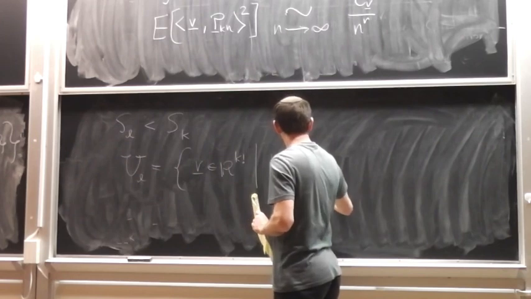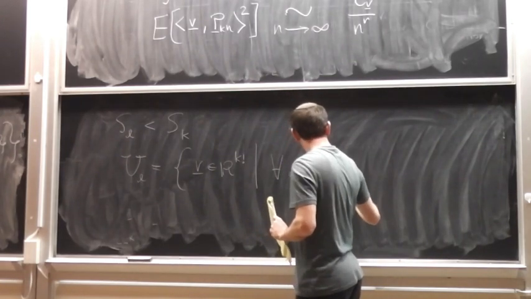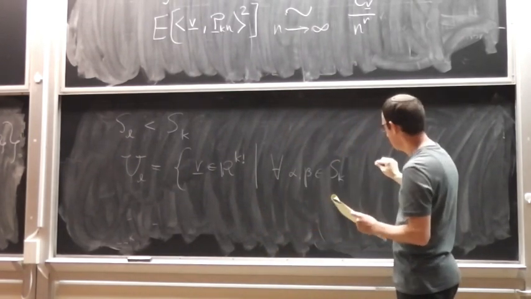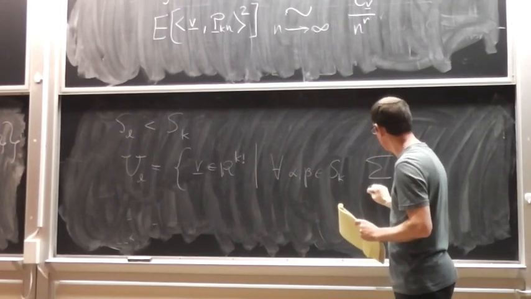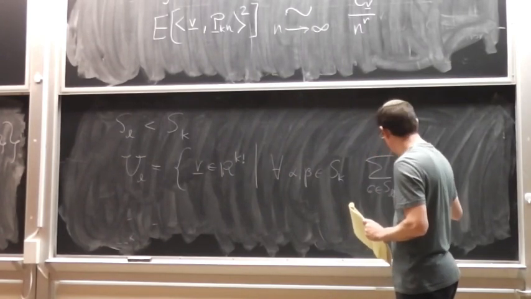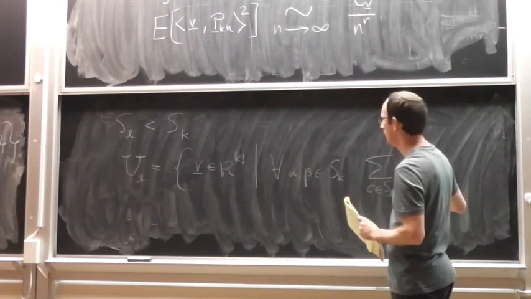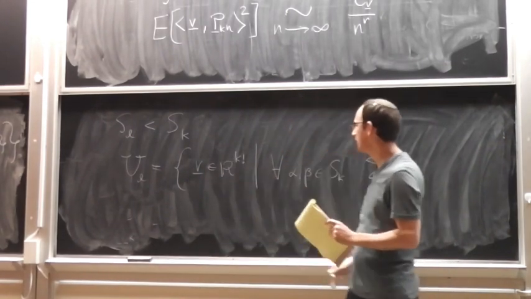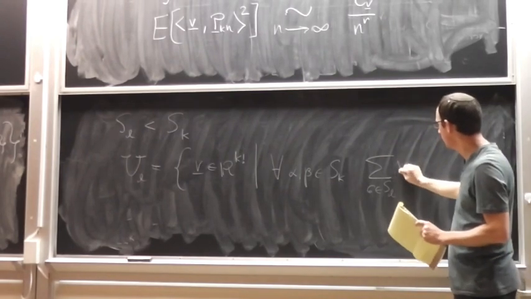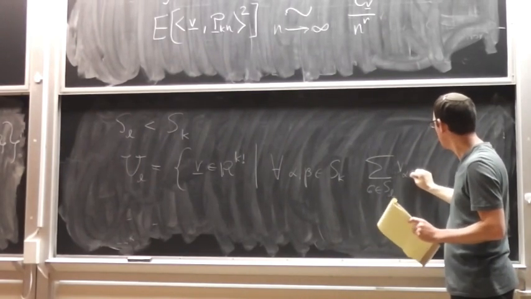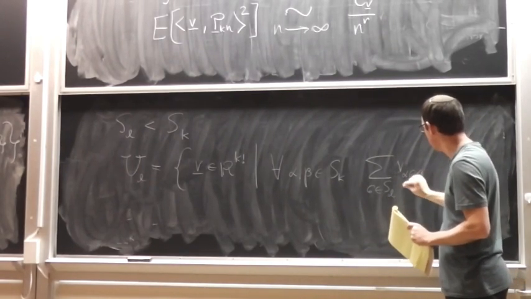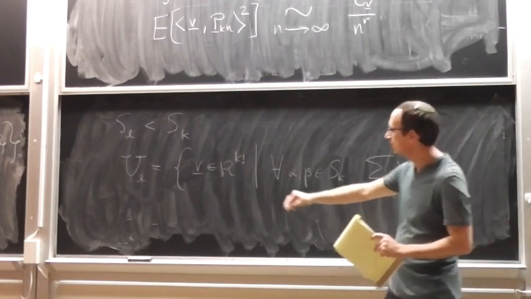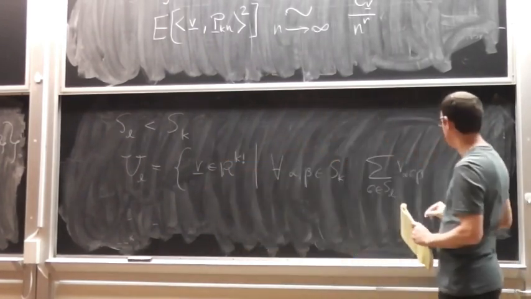alpha and beta in S_K, the summation over sigma in S_L of V of alpha sigma beta. Now V is a vector. Its coordinates are permutations of size k. So you can look at V of alpha sigma beta. Remember the sigma in S_L also sits inside S_K.